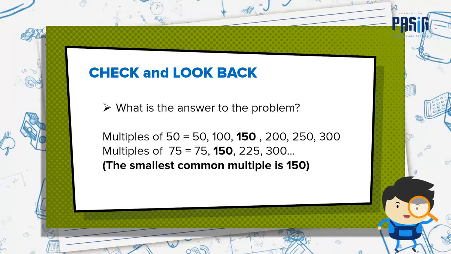You can stop listing the multiples when they already have the same number. So, it is advisable to list down the first 5 multiples of the first number before proceeding to the second number. So, for 50 and 75, their LCM is 150. So, a basket can contain 150 pieces of avocados.